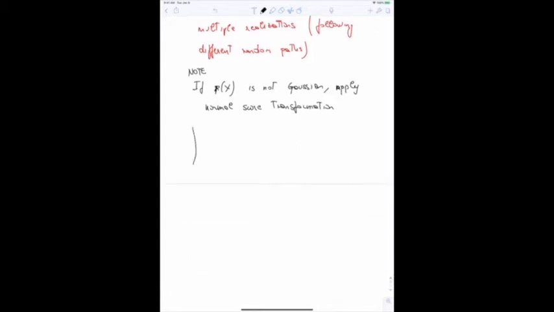So if you take a distribution which is, for example, like this, you can apply a normal score transformation and make it Gaussian, do the simulation in this domain, and then transform back.